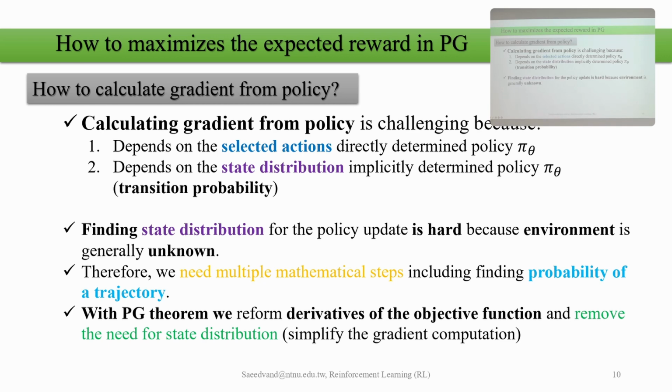Therefore, we say finding the state distribution for the policy is very hard if the environment is unknown. First of all, what does it mean? For the selected action part, we are trying to select actions by the policy that we have, so we can figure it out. But what about the state distribution? We don't know.